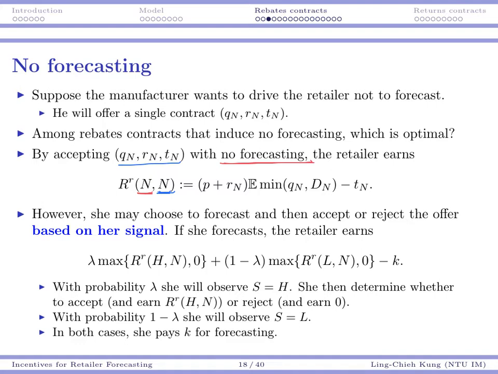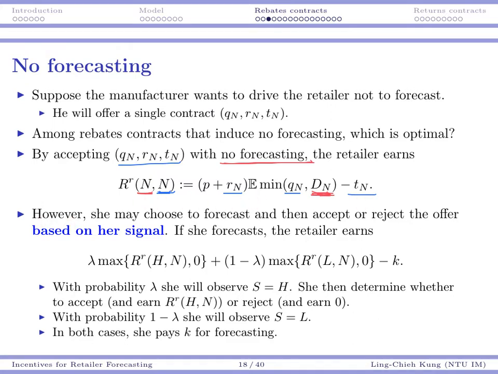So we will see this particular expected function. With this type, the retailer will believe that the demand is simply D_N, and with the choice of contract, the retailer needs to take R_N, Q_N, and T_N into its profit function. However, this is just one choice, right?